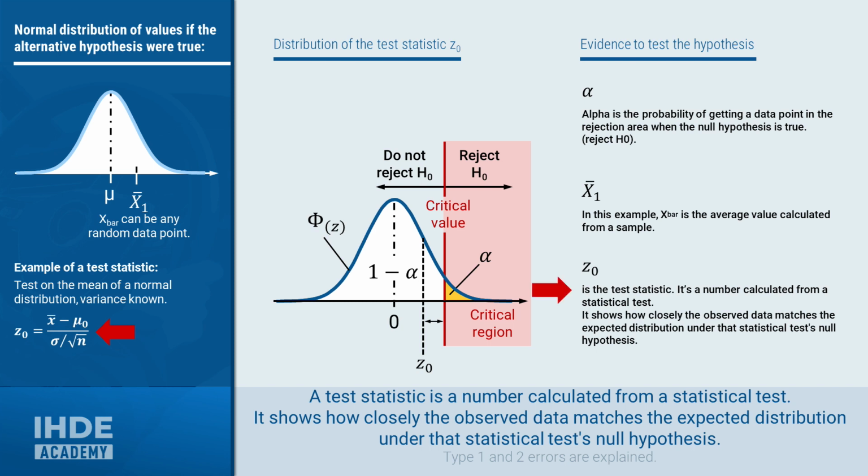Z0 is then the so-called test statistic. So this test statistic is a number calculated from a statistical test. It shows how closely the observed data agrees with the expected distribution under the null hypothesis of this statistical test.